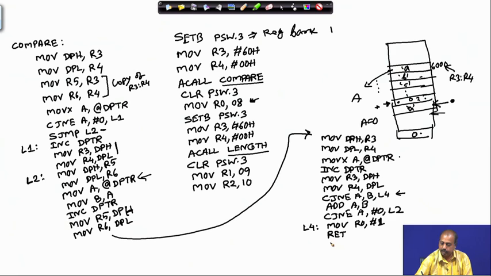So, in that case, if the characters are not the same, then it will be returning 0. Okay. So, how to do that? CJNE #0, L2. So, after this I should have something like this, MOV R0, #0 if the strings are not the same.